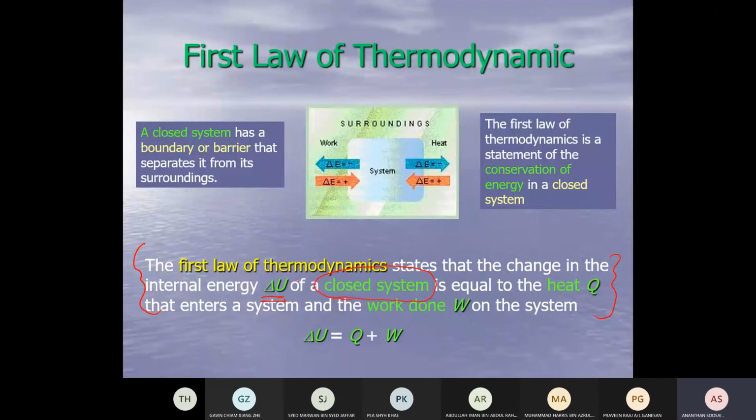So the change in internal energy in a closed system is equal to the heat entering the system and work done on the system. Don't forget the word on. If you put it as by, everything goes the other way around. On means compressed, we take it as positive. Expand, we take it as negative. Some books, instead of on, put by the system.